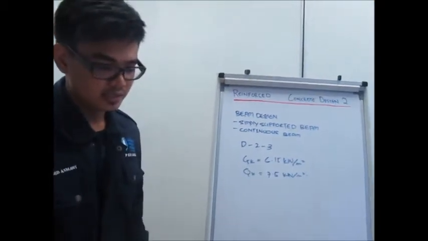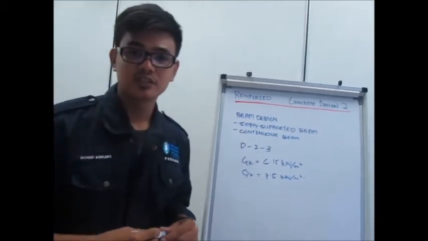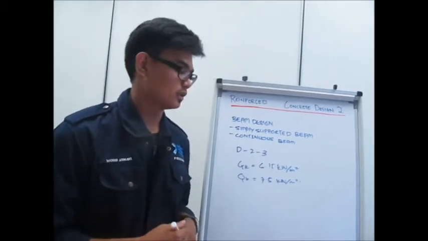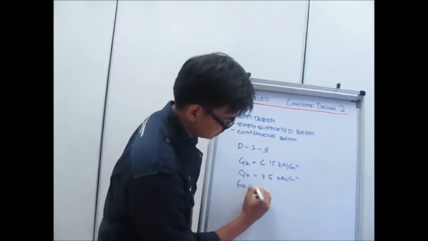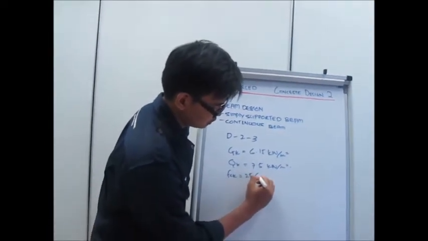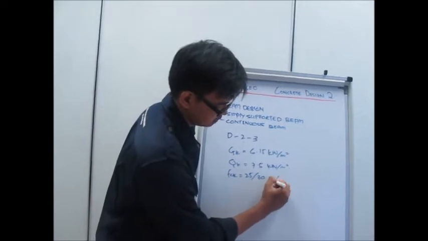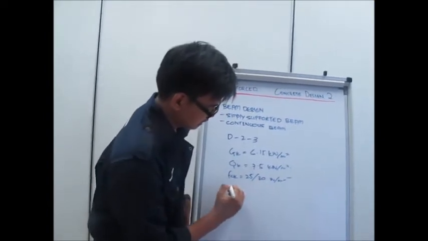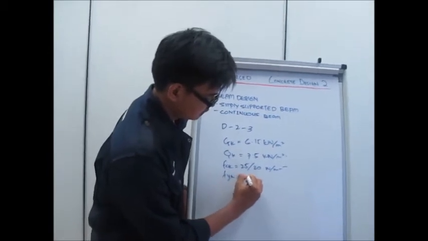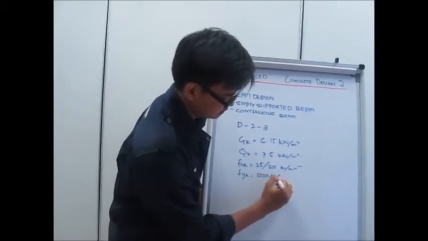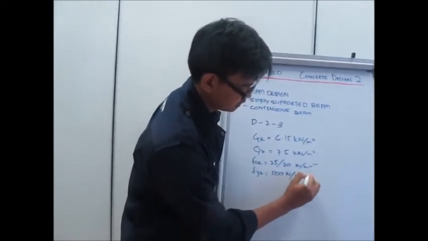The other characteristics for the materials: for concrete, fck equal to 25 or 30 Newton per millimeter square, and for the steel 500 Newton per millimeter square.